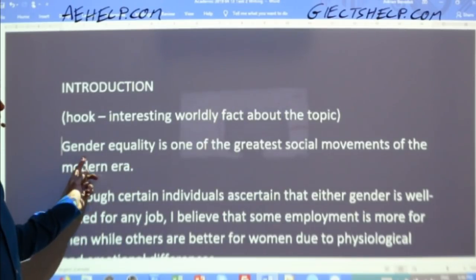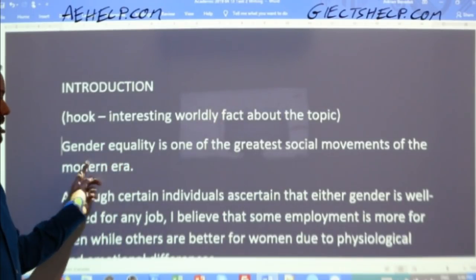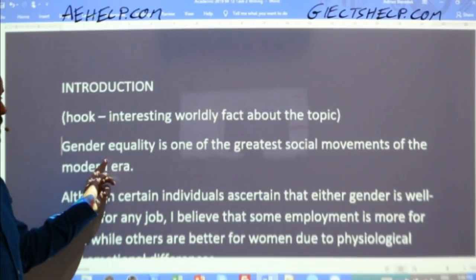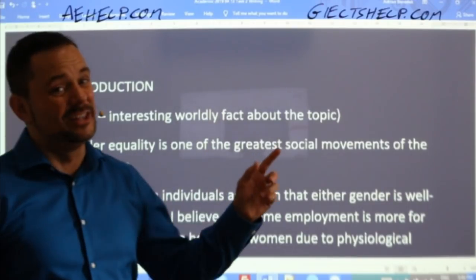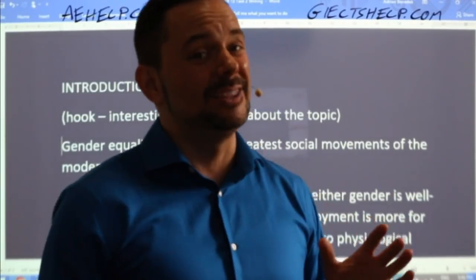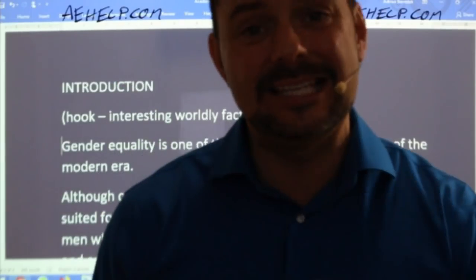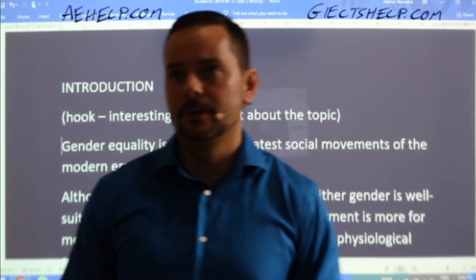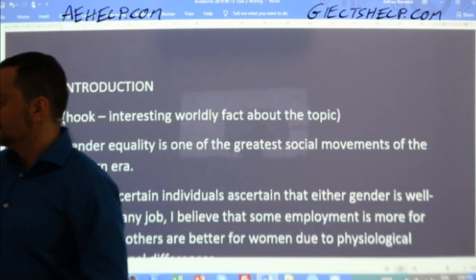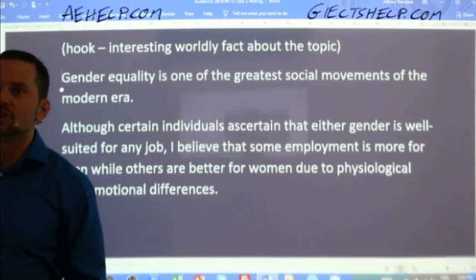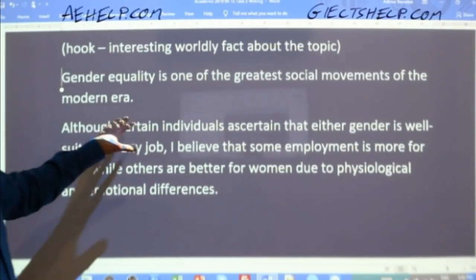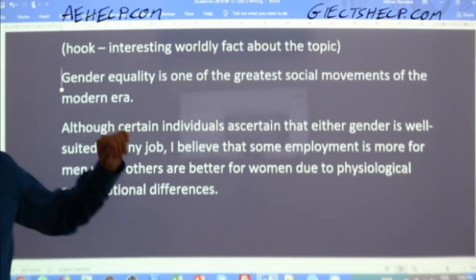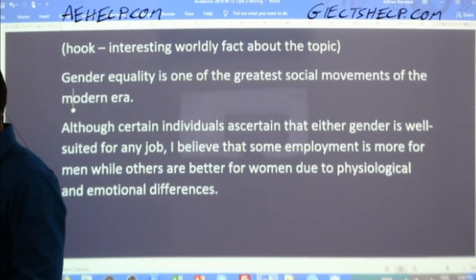If I'm reading an essay from a candidate that starts with the topic hook like this, and there's no mistake, right away I'm thinking this is a band at least 7 student, probably higher. Okay? So, gender equality is one of the greatest social movements of the modern era. Now comes the background.